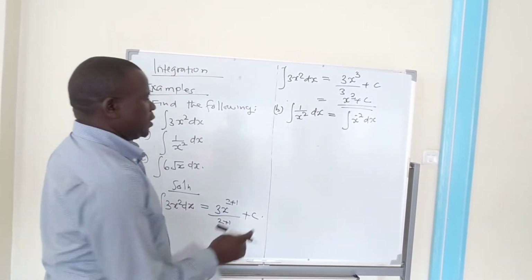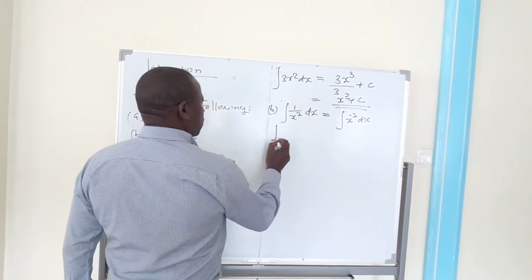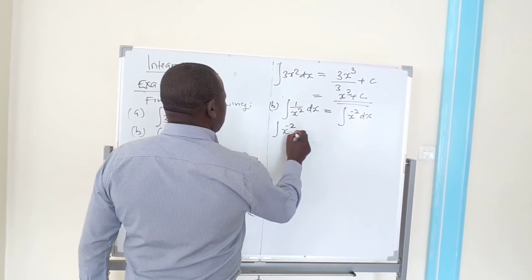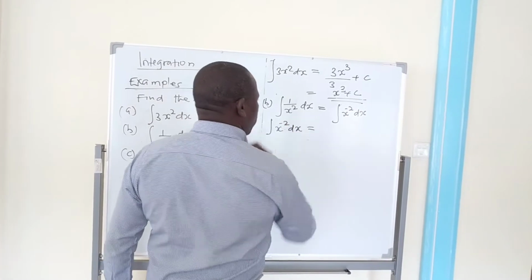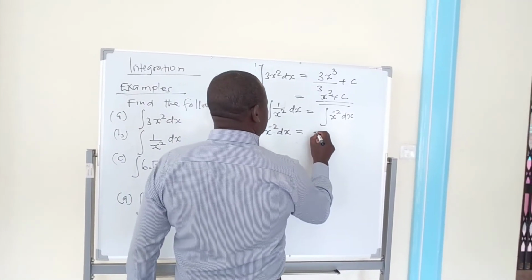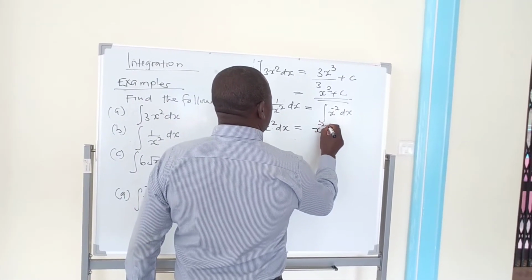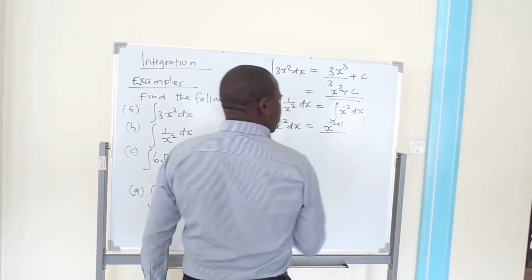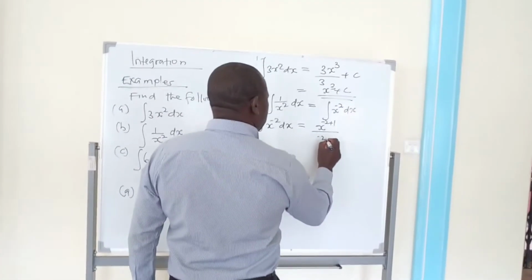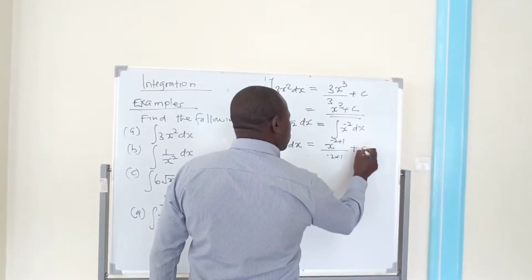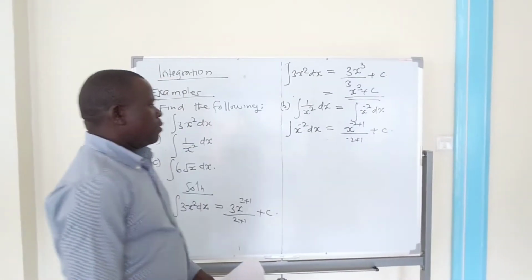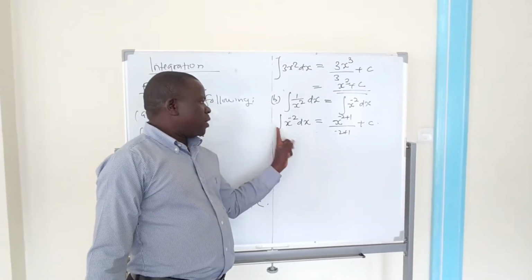So can I now integrate it? I will now say the integral of x to the power negative 2 dx gives me, increase the power by 1, x to the power negative 2 plus 1, divided by the new power, which is negative 2 plus 1. Of course, I introduce my constant. Once I've done this, I drop the integral sign.